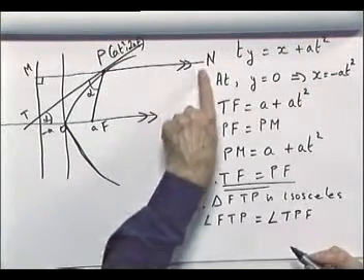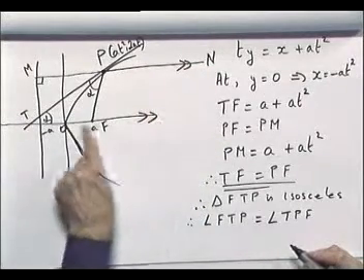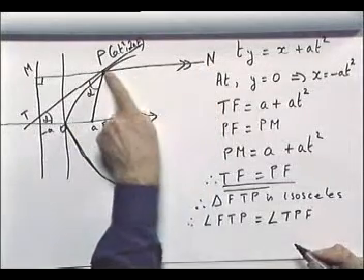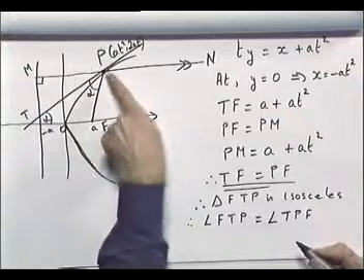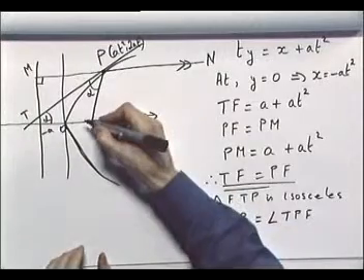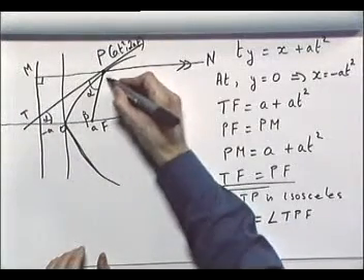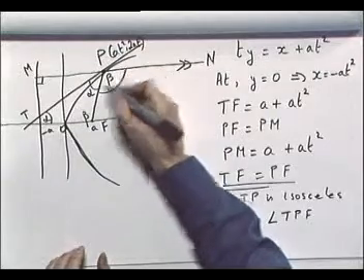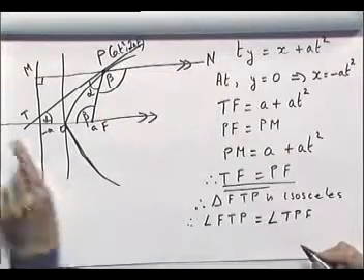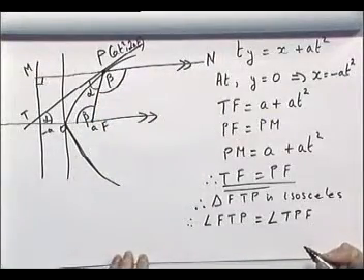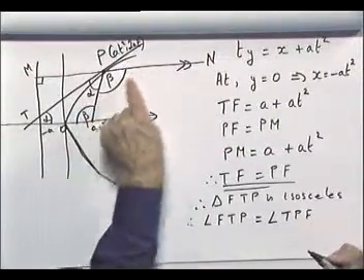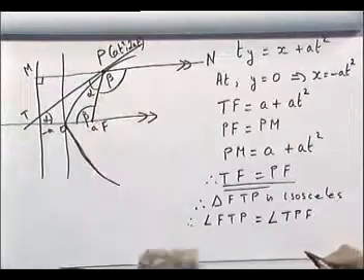But wait a minute. This line and this line are parallel. So therefore this angle, NPF, is equal to this angle, PFT. Those two angles are both equal to beta, because this line is parallel to that line. They make a Z angle. Now, the angles of this triangle add up to 180, and here is a straight line, the angles of which must add up to 180.